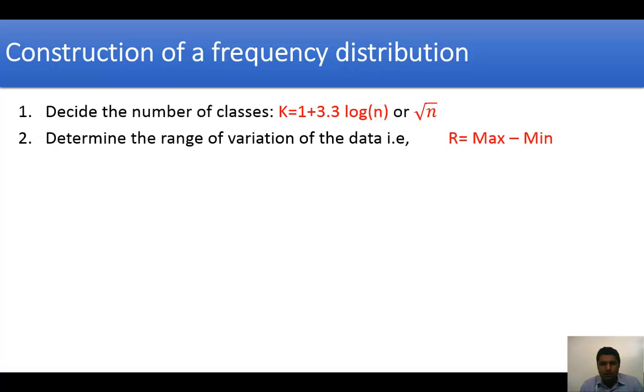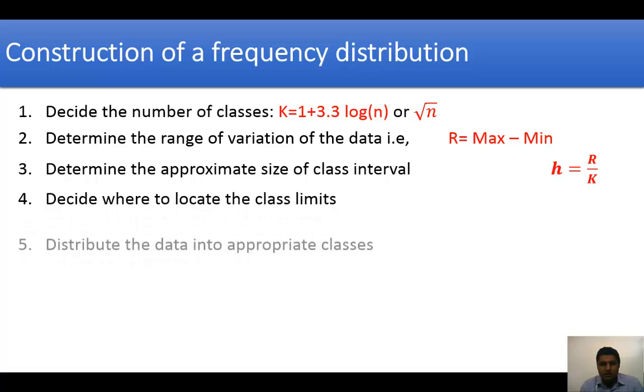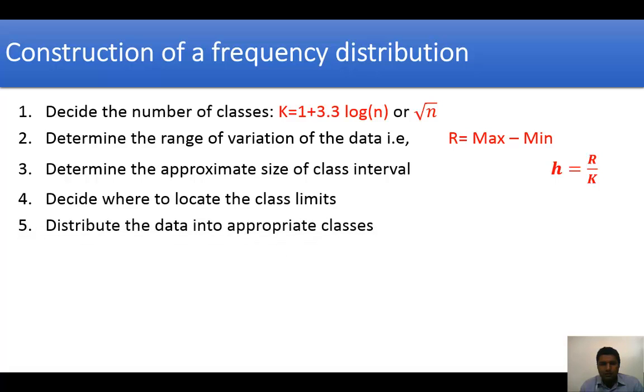Then you have to calculate the range of the data, and by dividing that range by the number of classes you will get the class interval. Then decide where to locate the classes, and at the end you have to distribute your data into those appropriate classes. So these are the 5 steps which you need to follow in order to construct a frequency distribution of the continuous variable.